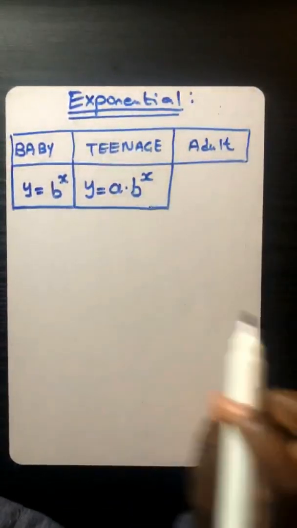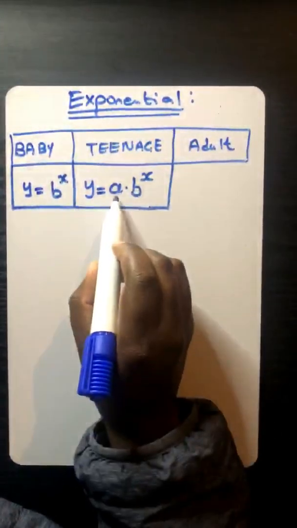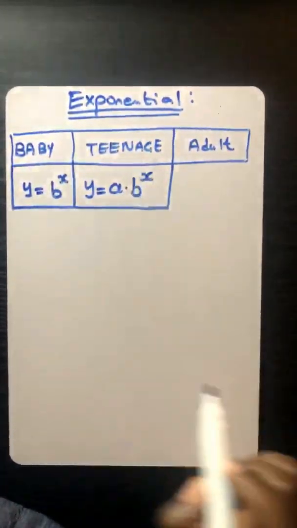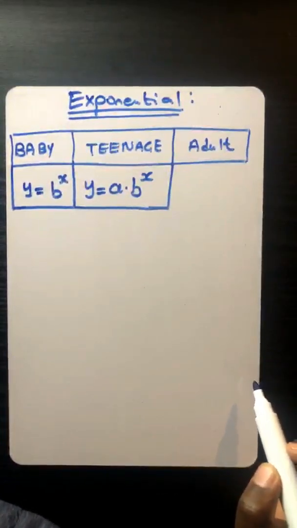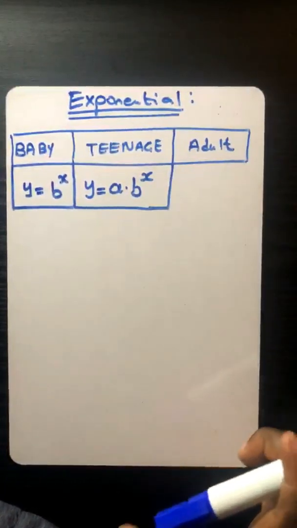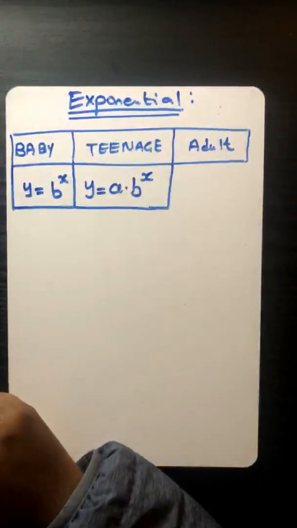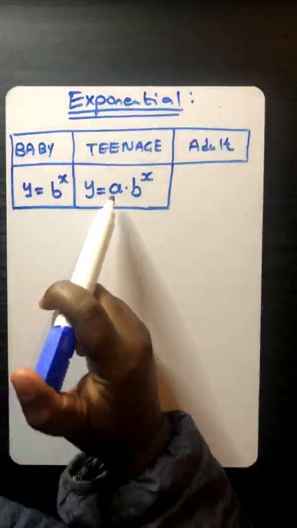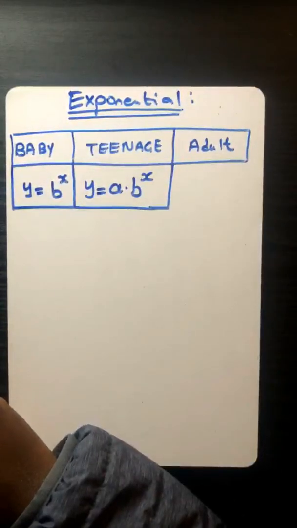The only difference when you compare the two is that now we have a multiplying the whole of that. So as we continue with our lesson for today, I'm going to be explaining to you the impact of that b on your exponential function, and again the impact of that a value on that exponential function.